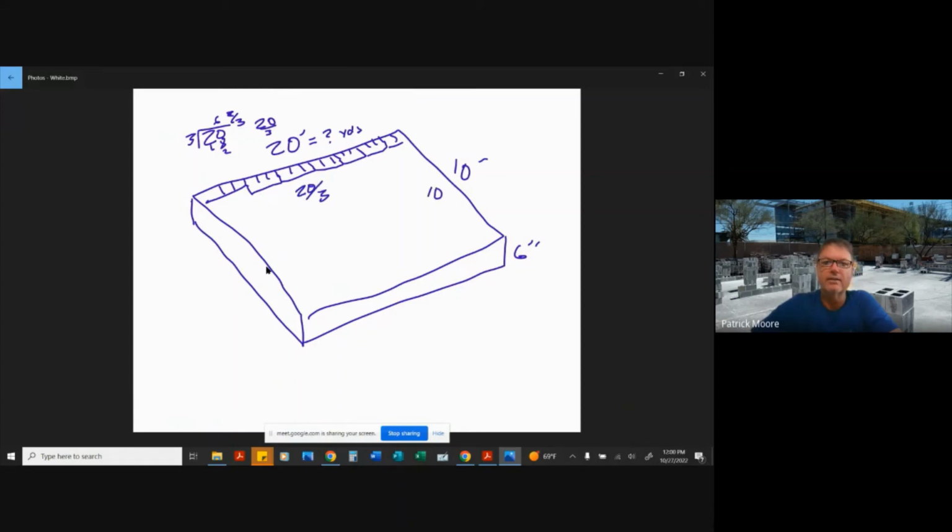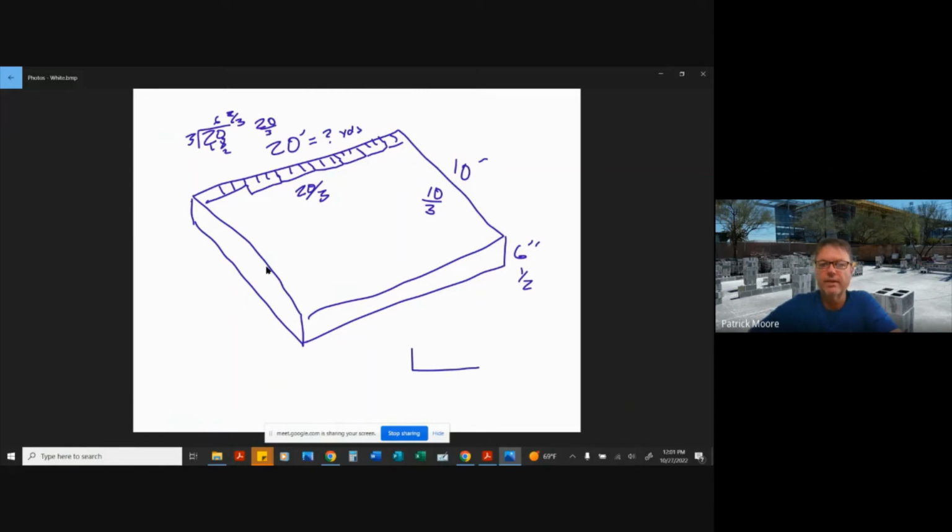This is 10 thirds of a yard. And 6 inches is half a foot. So how many half feet in a yard?